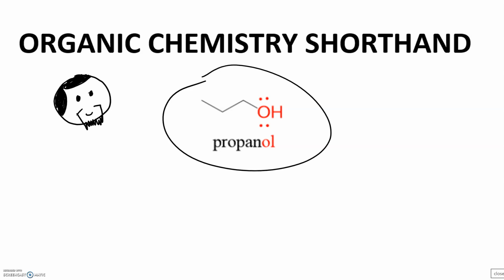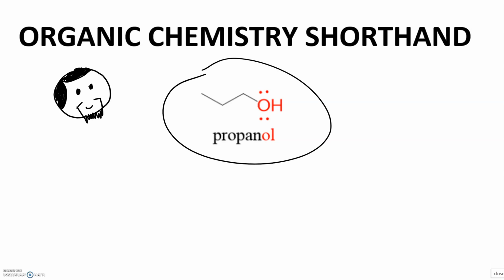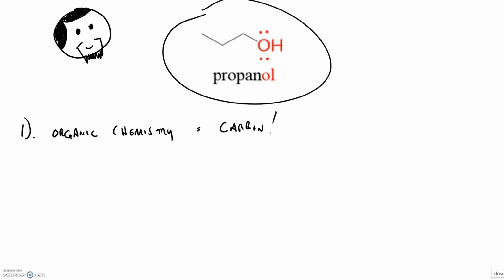Since we're dealing with organic chemistry, we want to take into consideration a couple of points here. One is that organic chemistry deals with carbon. Anytime we are talking about organic chemistry, we are dealing with carbon and stuff that bonds to carbon.